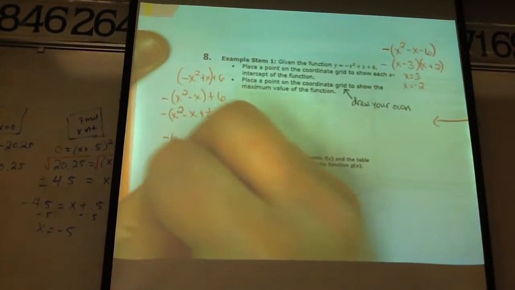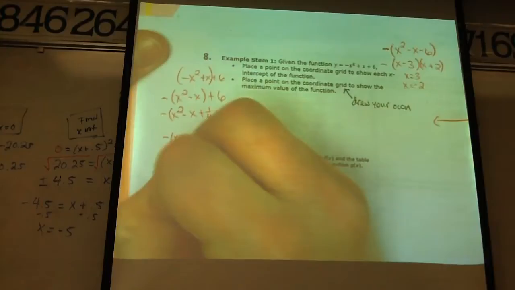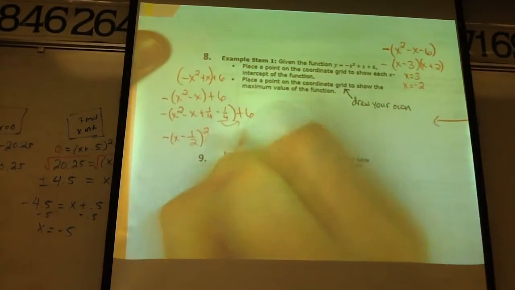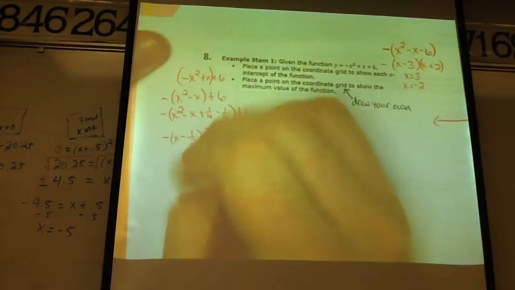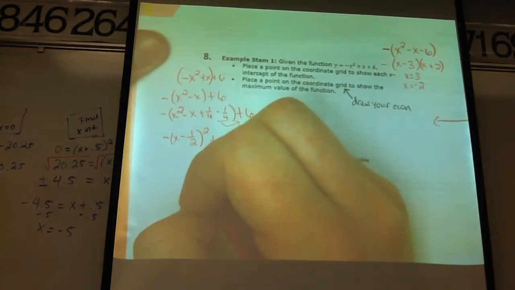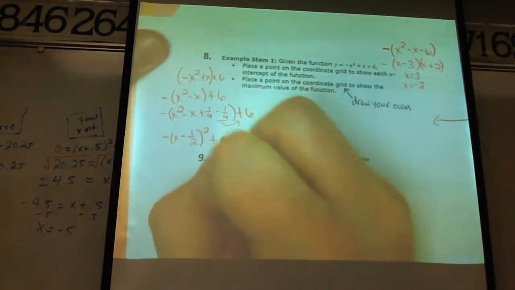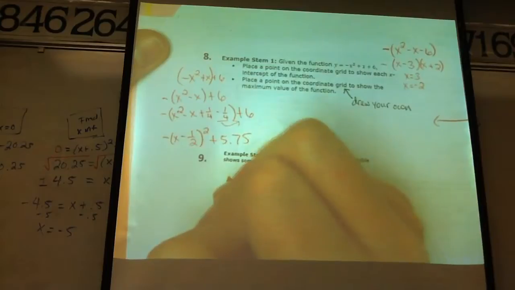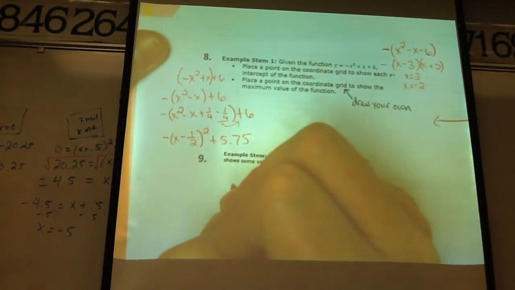So we've got negative x minus a half squared plus 5 3/4, or 23/4, or 5.75. I'm just going to get to the point here.